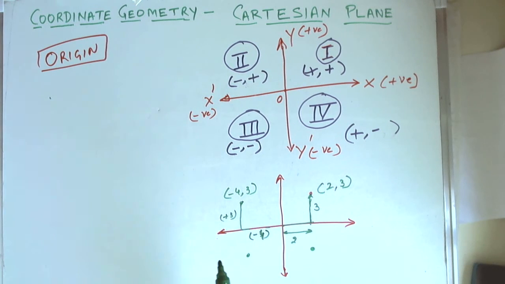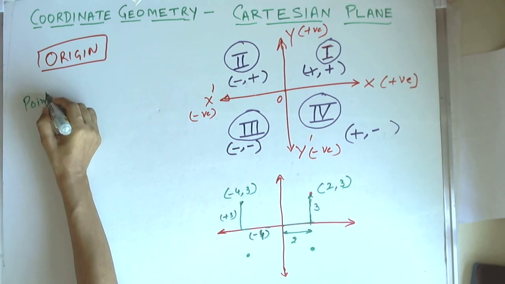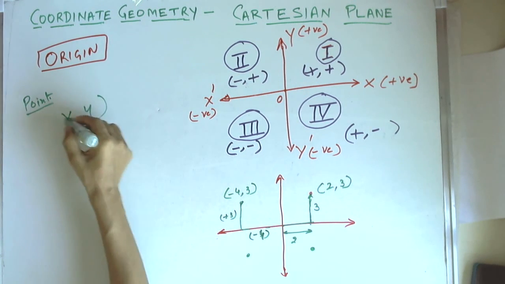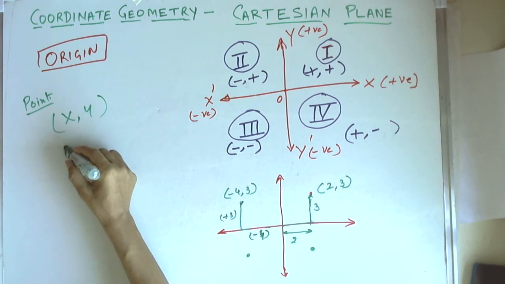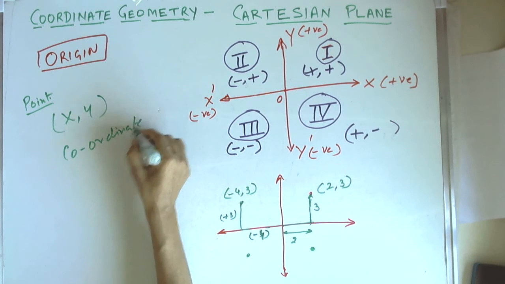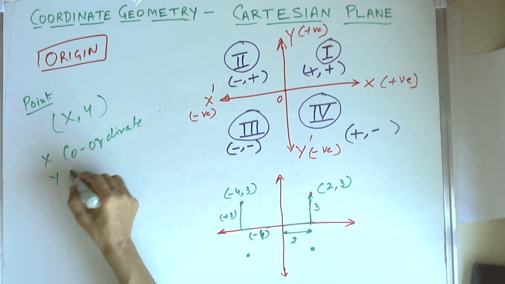So that way a point is represented by the x, y coordinates of that point, and we can call them x coordinate, y coordinate.